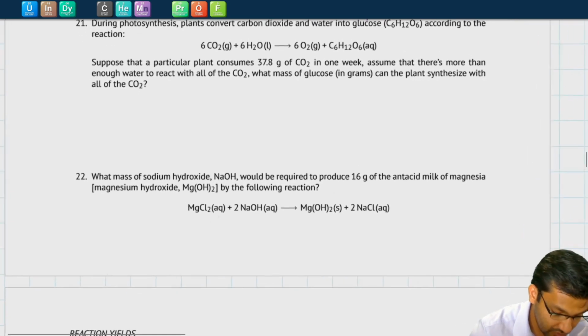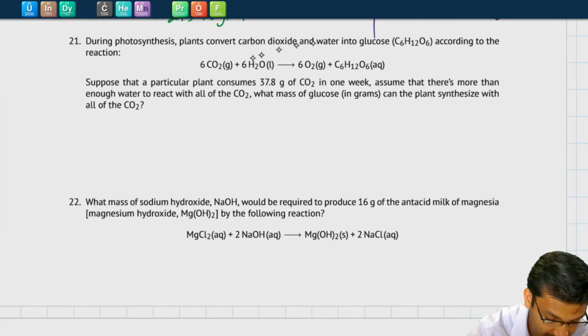Okay, let's look at number 21. They already have the balanced equation for us, so this makes our life easier. They tell us that the plant consumes 37.8 grams of carbon dioxide, and then there's enough water to react with all of this carbon dioxide, so we don't need to worry about the water. And all of this goes to form, hang on, all this goes to form glucose.